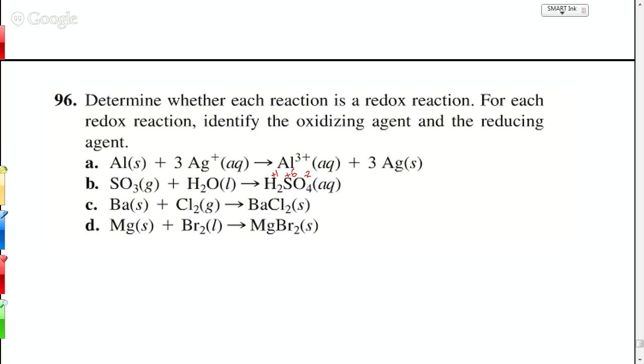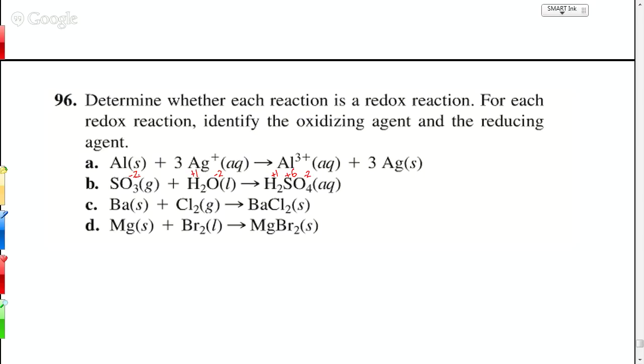Okay, over on the left side, we've done water before. Oxygen -2, hydrogen +1. So hydrogen and oxygen have not changed oxidation state over the course of this reaction. You see that? Hydrogen stays +1, oxygen stays -2. So then let's look at SO3 and see if maybe sulfur has changed. Oxygen, based on our rules, has got to stay -2.